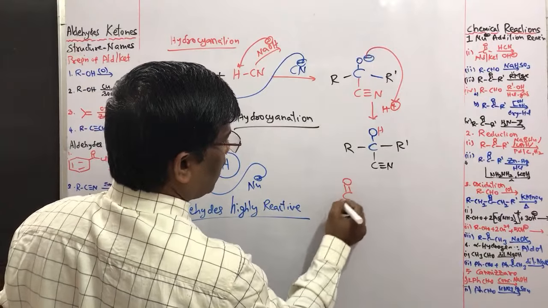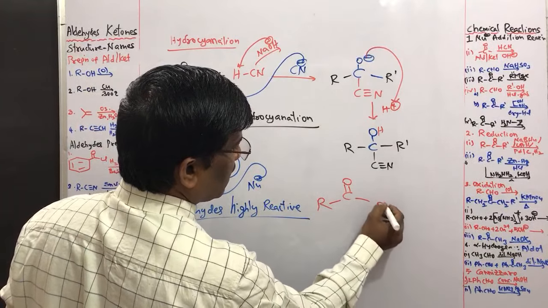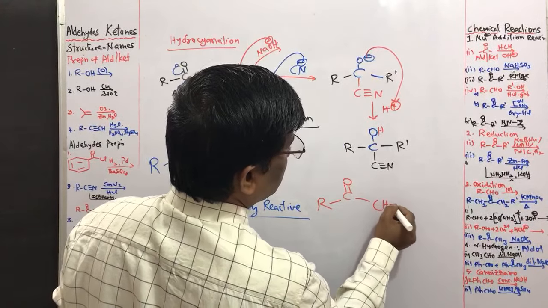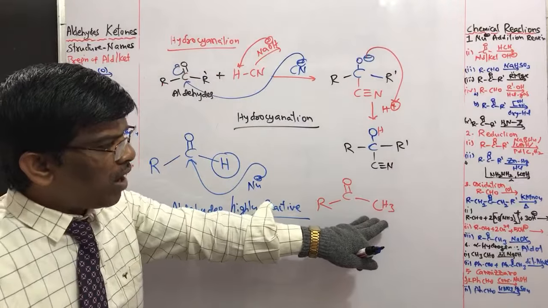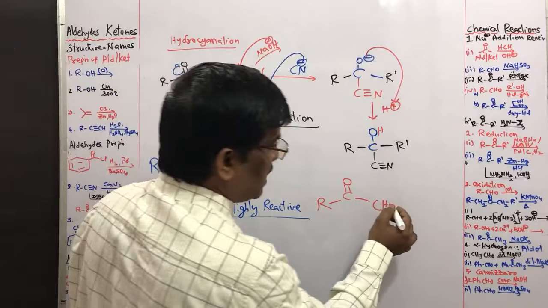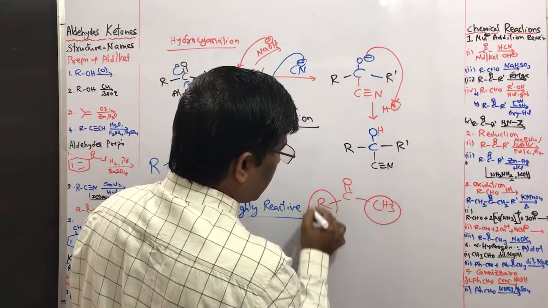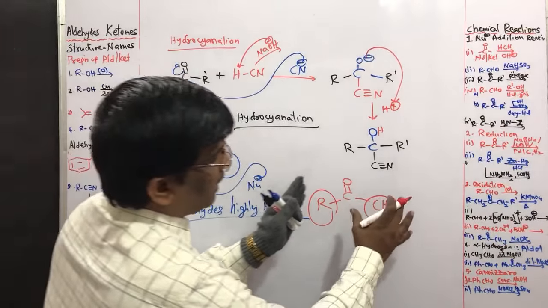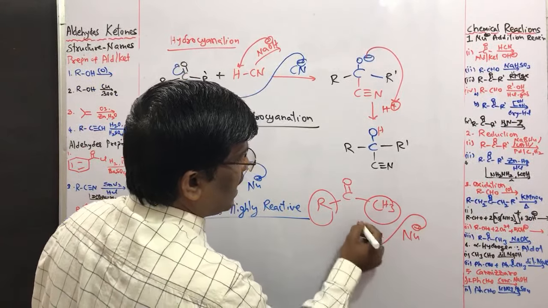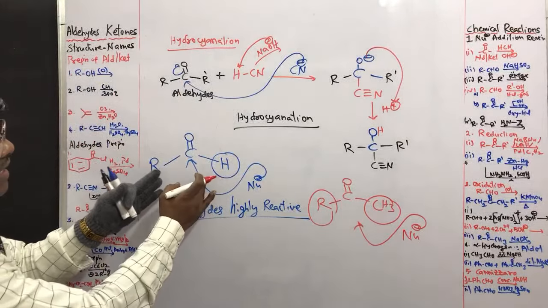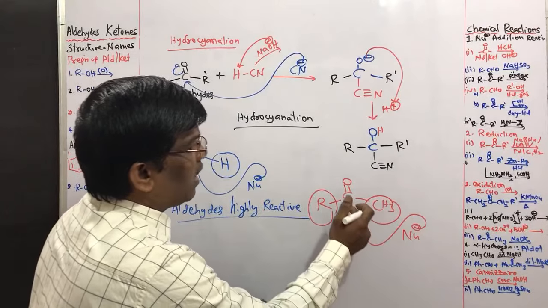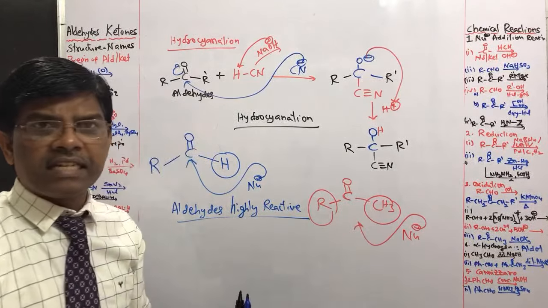So if I take a ketone with an R group and here also an R group, specifically let me take for example a methyl group, the smallest group I can put here. This methyl group on one side and whatever group on the other side is a big group. So approach of the nucleophile is not that easy. Here it is vacant, here two bulky groups are there. So approach of the nucleophile onto this carbon is tough.